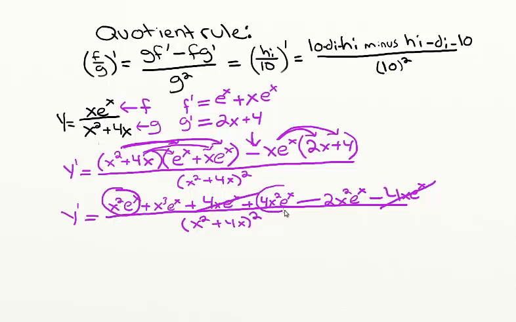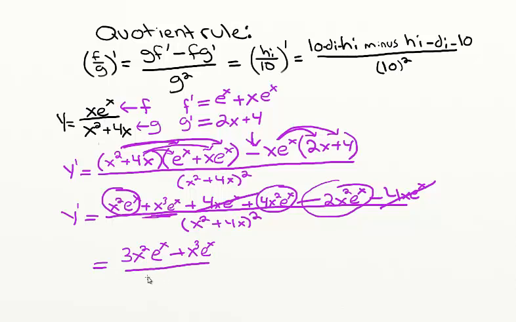We have a 4x squared e to the x here, and minus a 2x squared e to the x here. So that's 4 plus 1, that's 5 minus 2 is 3. So that's actually going to simplify to 3x squared e to the x. And then left over we have this x cubed e to the x, so we're going to add that. And then that whole thing is over our x squared plus 4x, whole quantity squared.